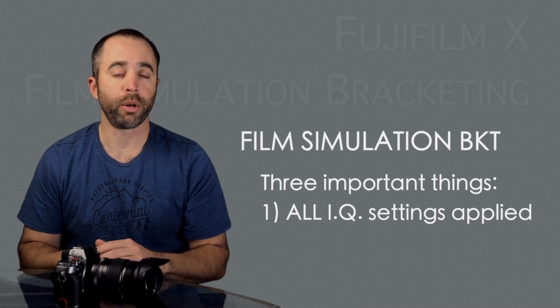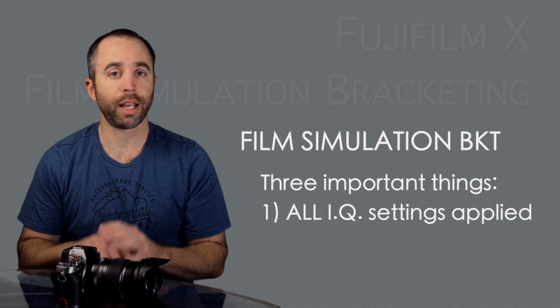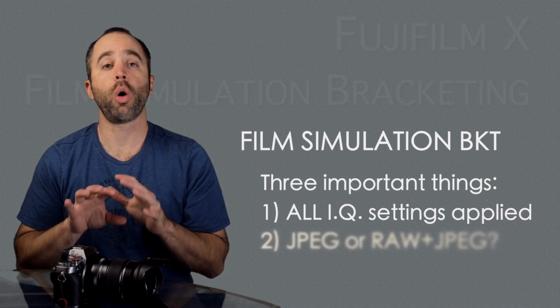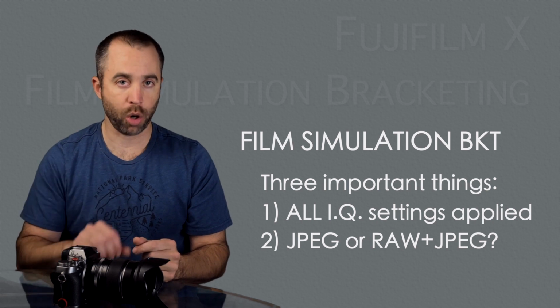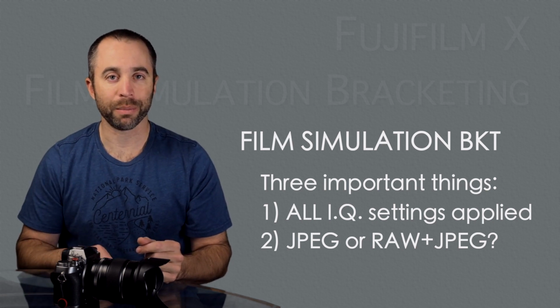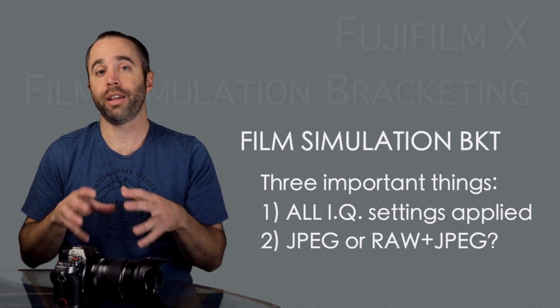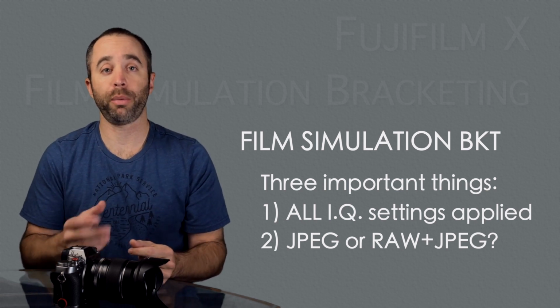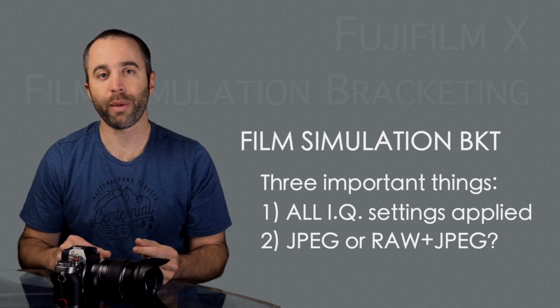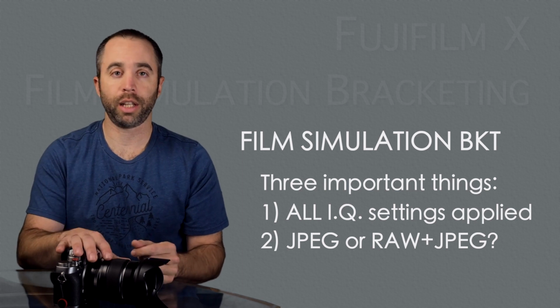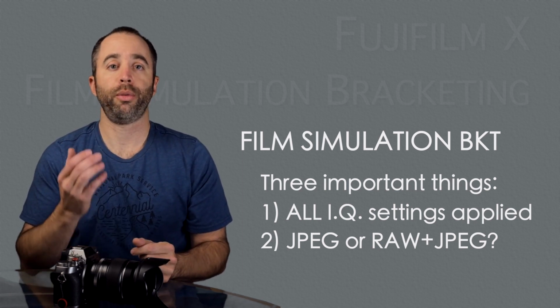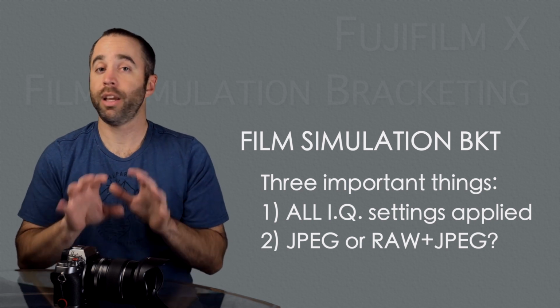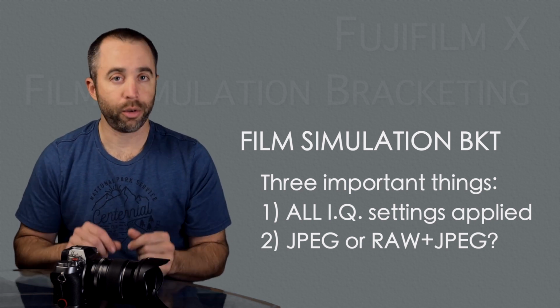The second thing to remember is that some Fujifilm cameras, like the X100F, will only allow you to use film simulation bracketing if you are only recording the JPEG file format. Now, this is a feature that is especially useful for people who are only recording the JPEG file format, but other cameras like the X-T2 and X-T3 will allow you to use film simulation bracketing if you are only recording the RAW file format.